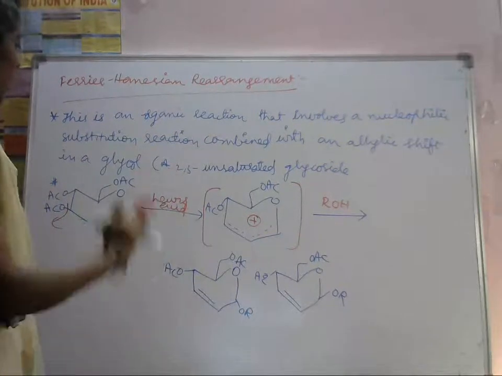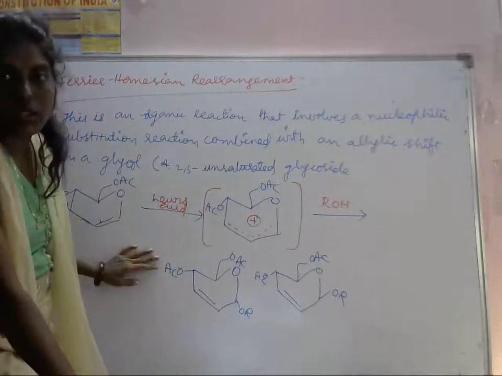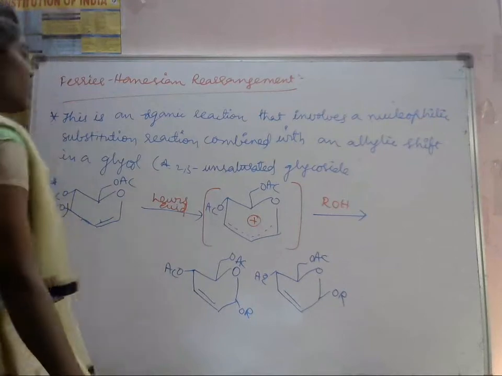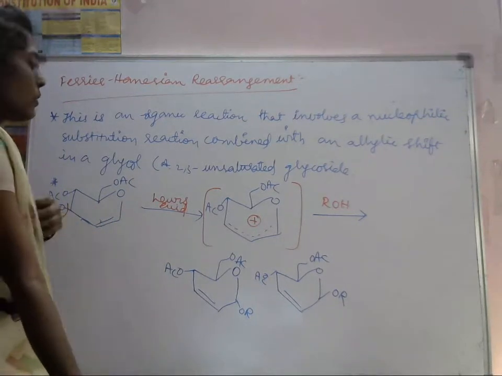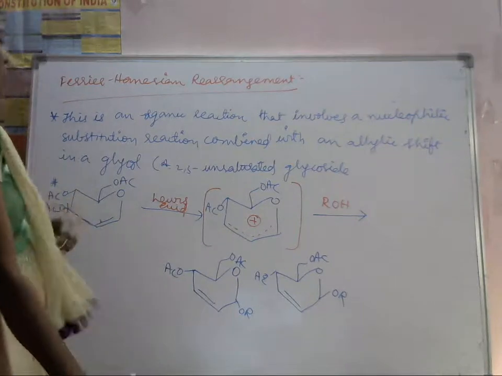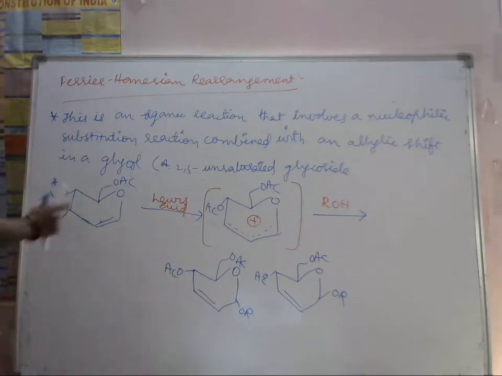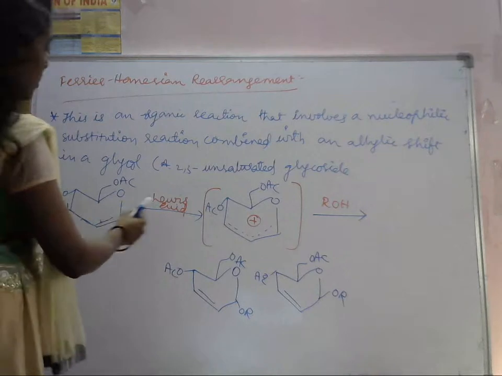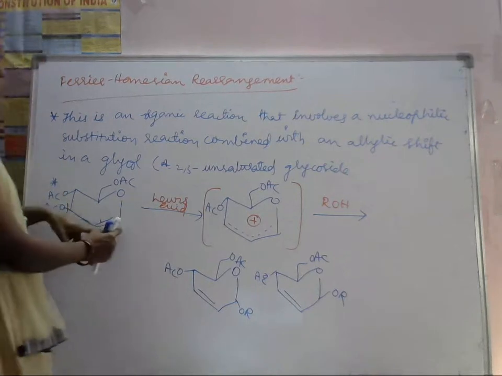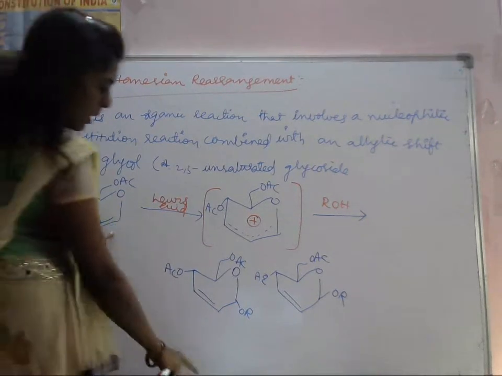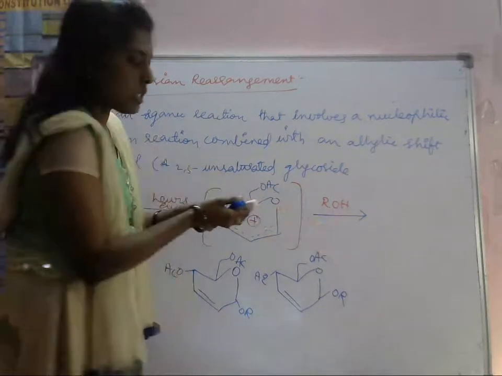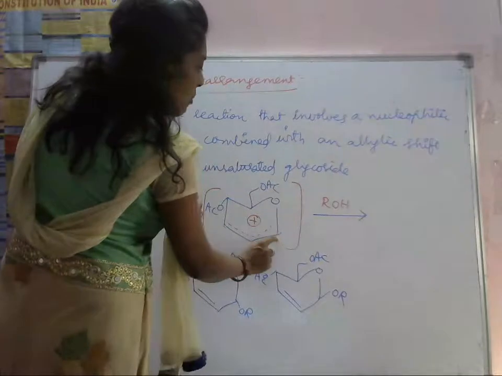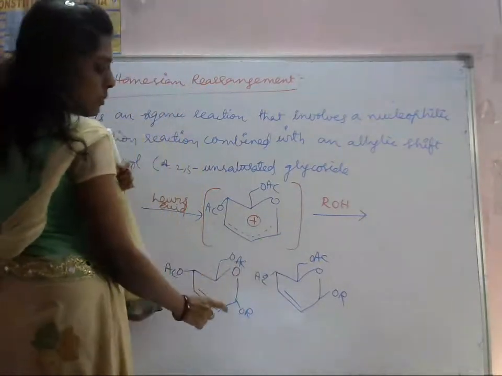So we have to take the acetylated glucal unit. If it is treated with Lewis acid, it will remove this group, and next this bond will get shifted towards this one, and the positive charge will be present here. When it is treated with ROH, this RO minus attacks this carbocation and forms these products.